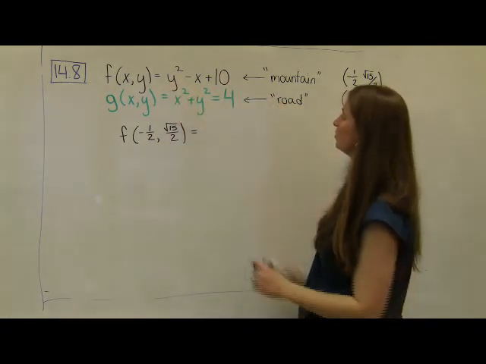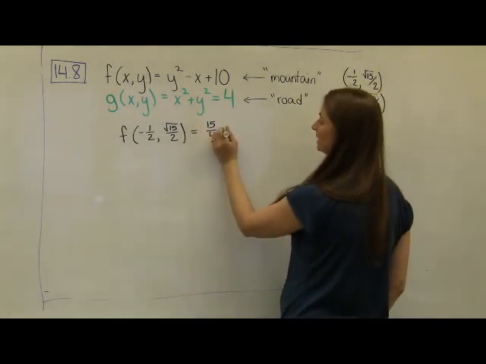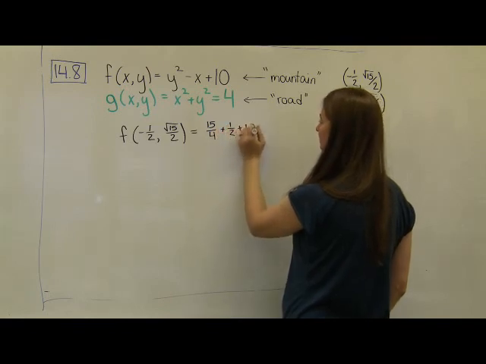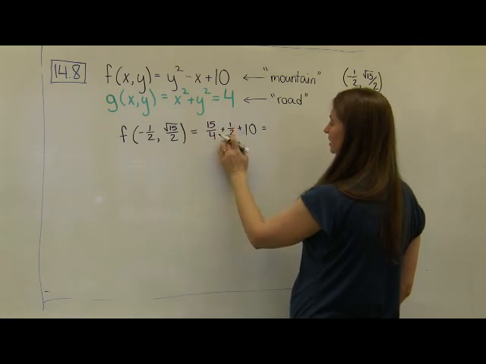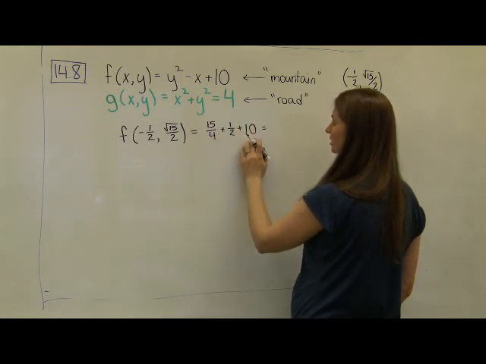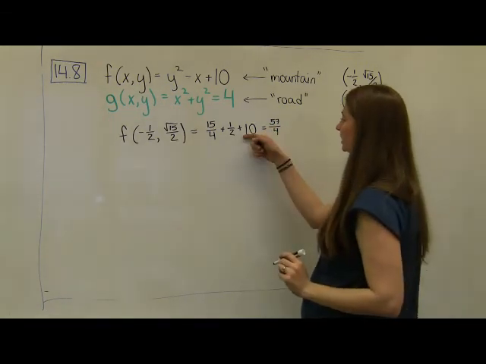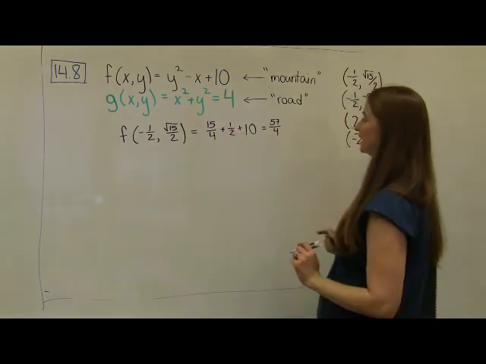And I notice that I get y squared, which is 15/4, minus -1/2 plus 10, which is equal to 15/4 plus 2/4 plus 40/4, which is 57/4. Did I do that right? That's 40 plus 2 is 42, 57. I think that's correct. Okay.